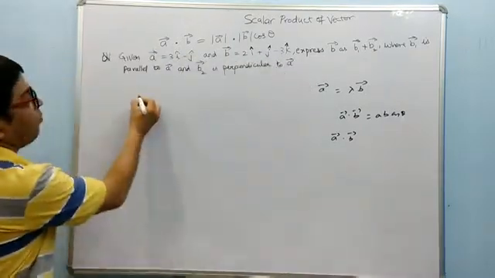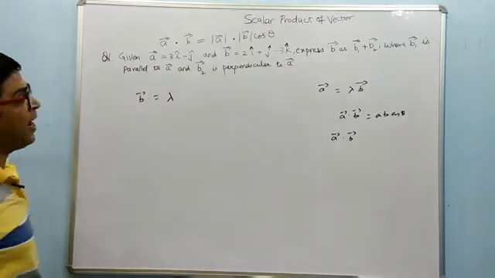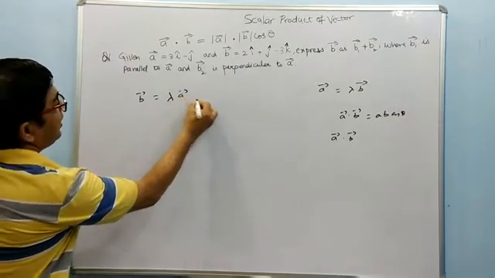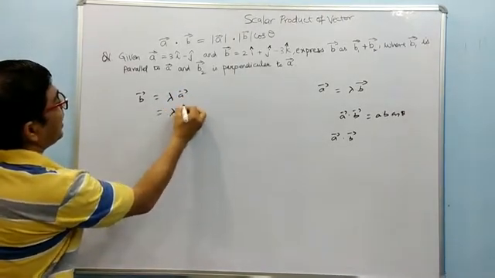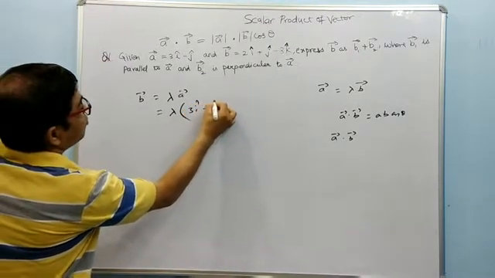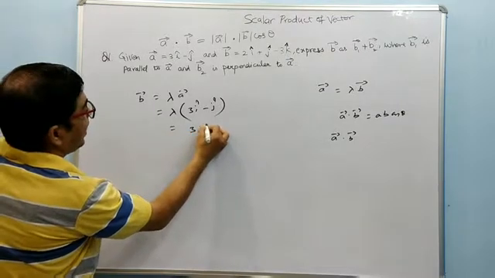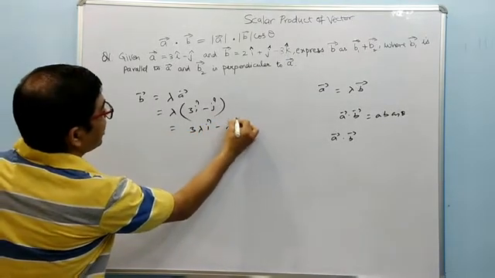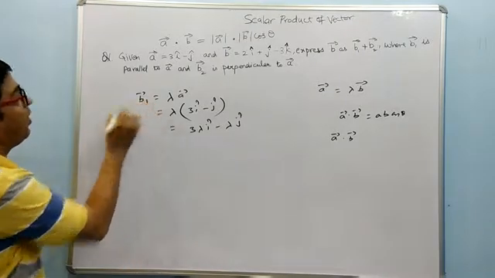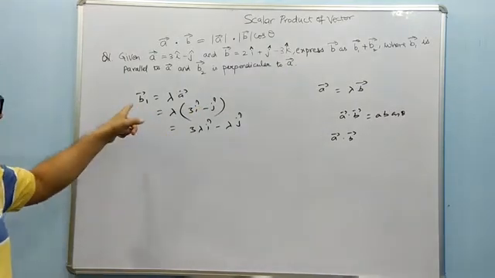So we can write vector B1 is equal to lambda times vector A, which is 3i minus j cap. So it is coming out to be 3 lambda i cap minus lambda j cap. We got vector B1, which is parallel to vector A.